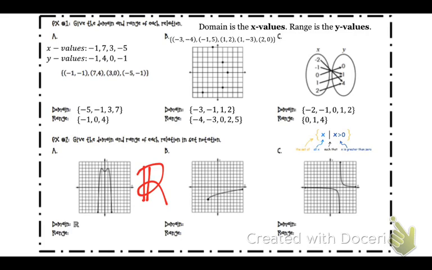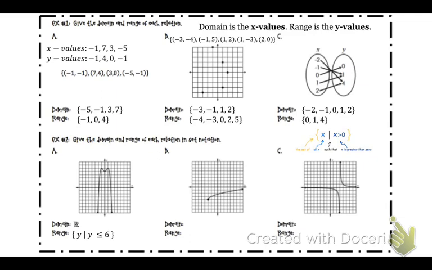That means all real numbers. Now my range here, it looks like the highest this gets is 1, 2, 3, 4, 5, 6, yeah, 6. So it's y such that y is less than or equal to 6.